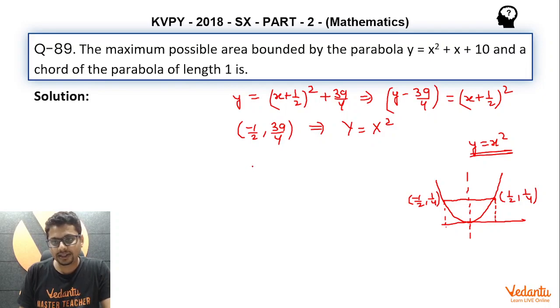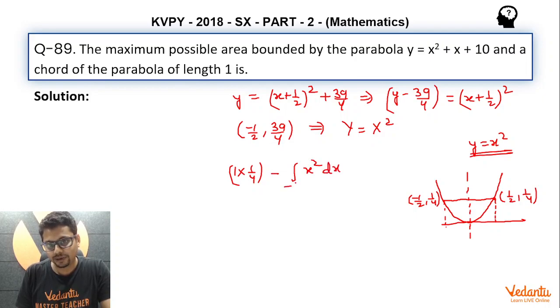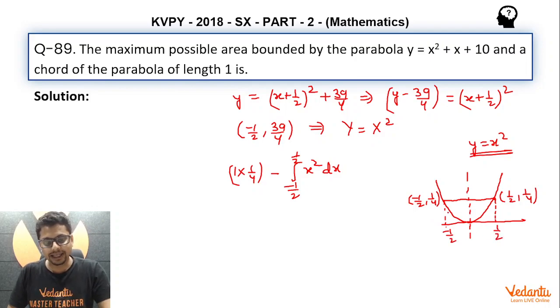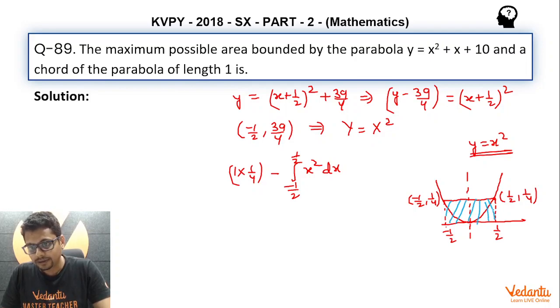So what we want essentially turns out to be: this rectangle has length 1, and breadth or height is 1 by 4, minus integral x square dx from minus half to half. So the area that we want is this area minus this area. That's what the area between this chord and this curve y equal to x square will be.